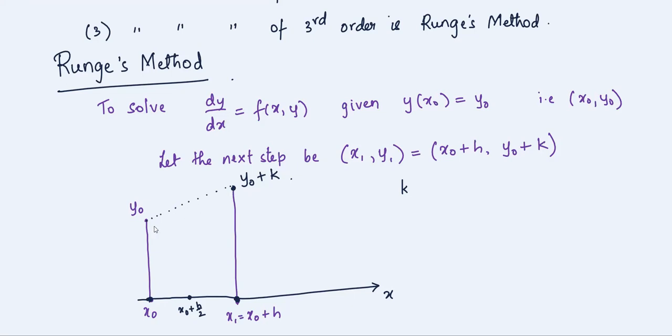If I use Simpson's 1/3 rule, then I get this k like this. k1 I get as h times f of x naught, y naught. k2 will be h times f of x naught plus h by 2, comma y naught plus k1 by 2. I'm using k1.